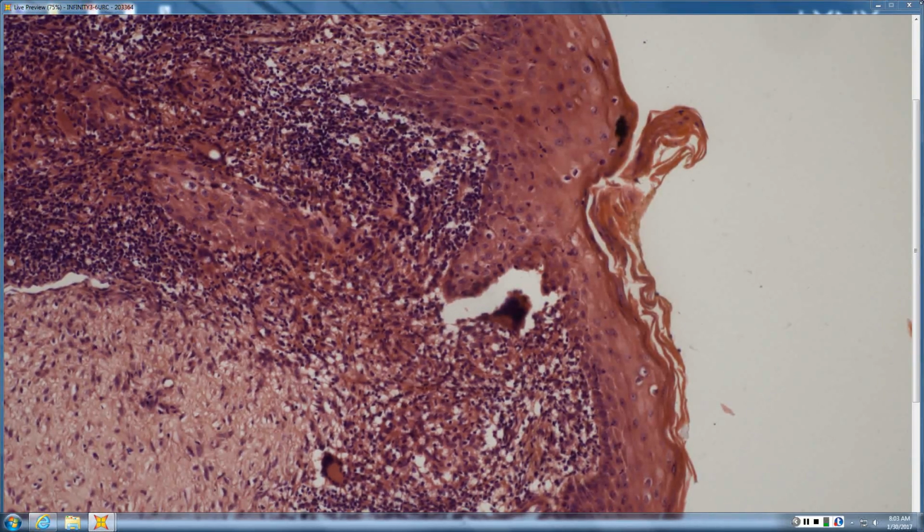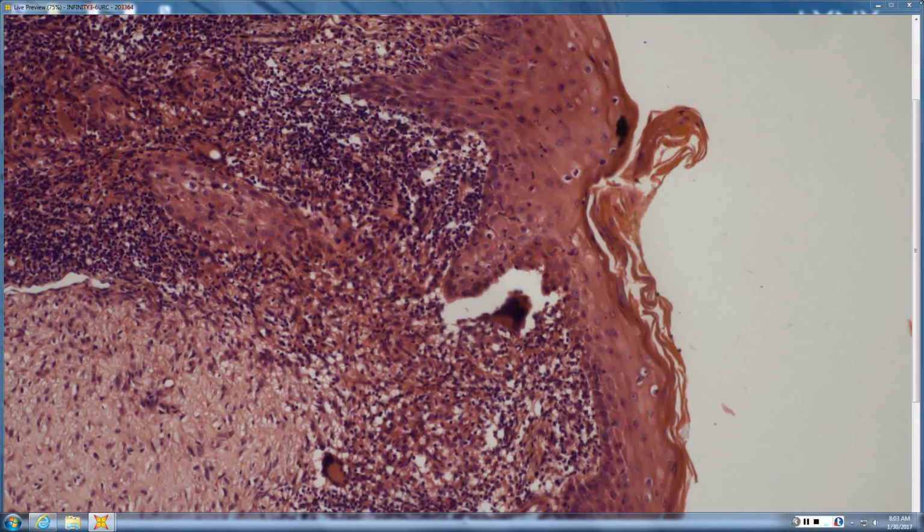What other kind of chronic infections? TB? Yeah, or acid fast in general. So fungal, acid fast, those tend to be chronic smoldering infections often, and spirochete. That would be the groups to think of, and this clinically was lupus vulgaris.